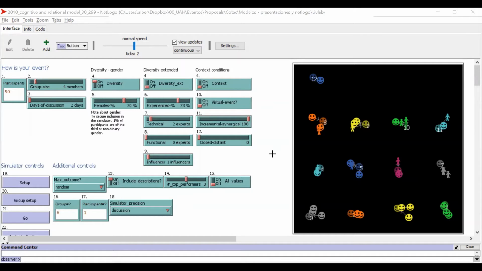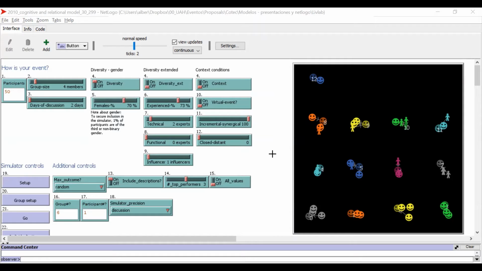I'm speaking about living labs, hackathons, lunchathons, climathons, all sorts of events, whether physical or virtual, that put people together to reach solutions for social problems or technological problems.